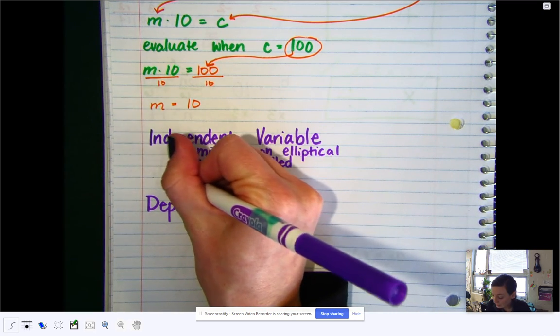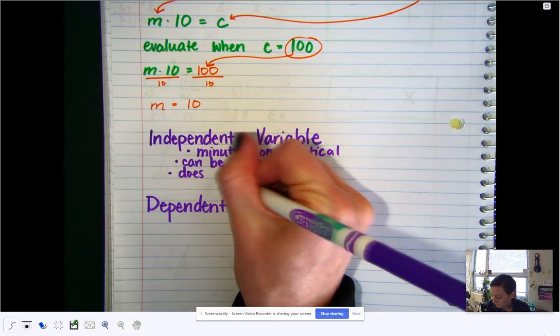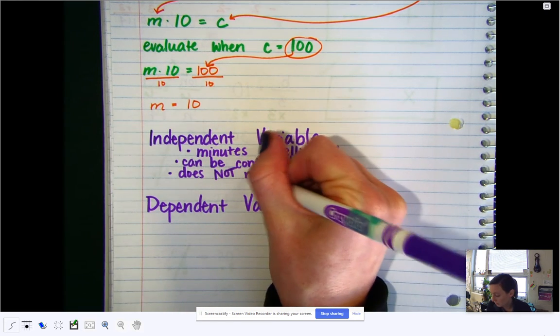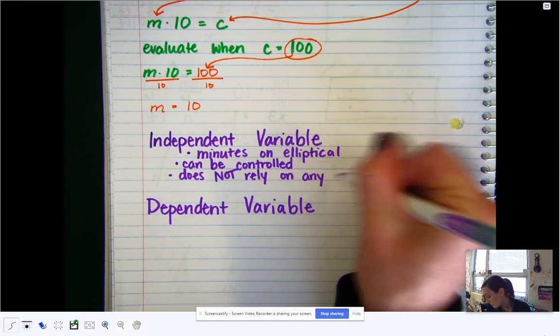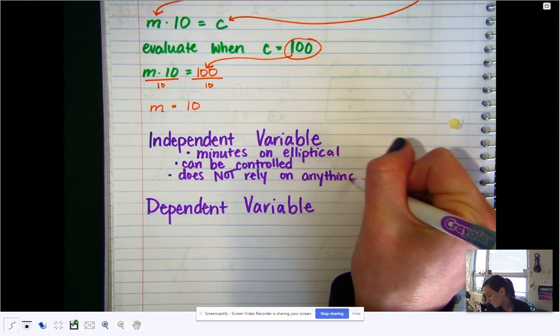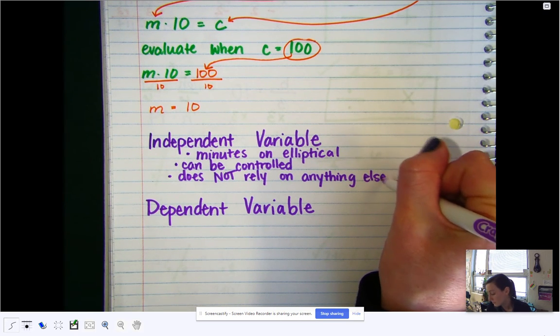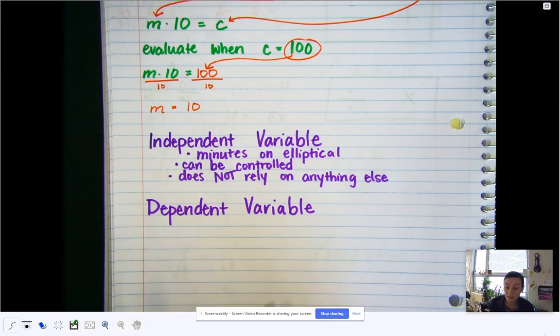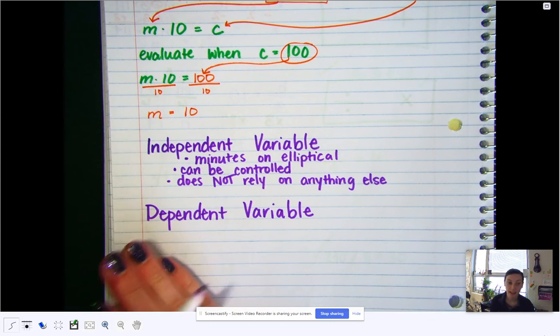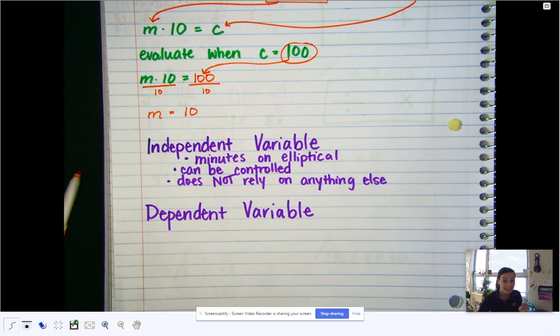The dependent variable, let me catch up. The dependent variable is the thing that's just along for the ride. So the number of calories you end up burning after however many minutes is totally depending on how many minutes you're on the treadmill or on the elliptical.